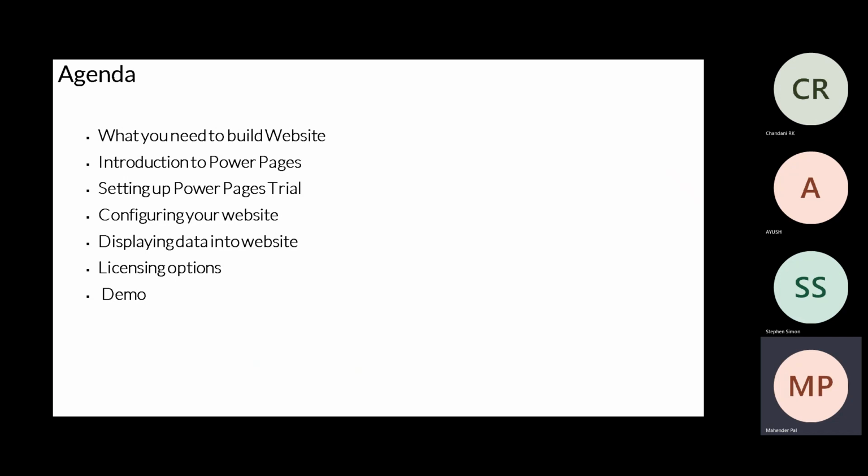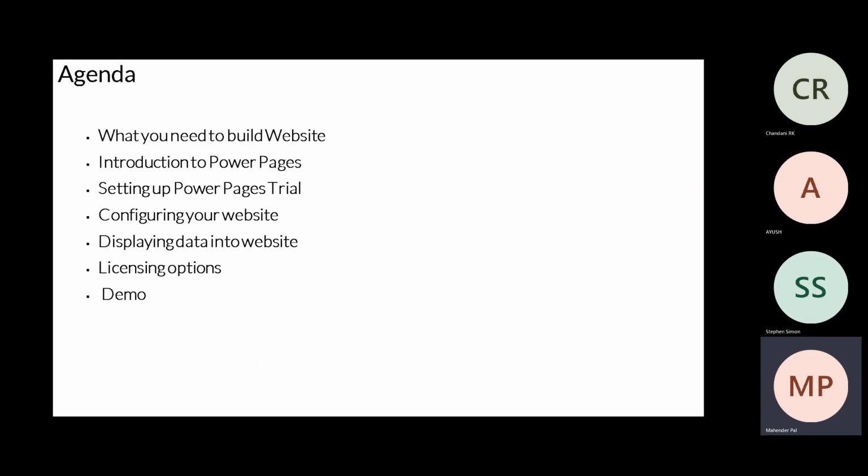Today we are going to discuss websites, and this is the agenda. First we will discuss, when you want to build a website, what all you need: what planning you need to do beforehand and what tools you require.